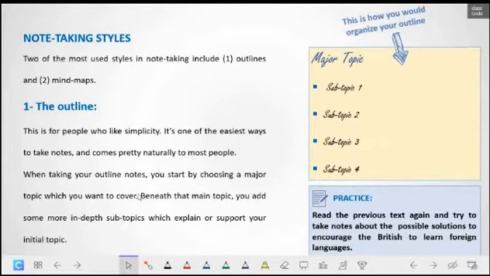You read the previous text again and try to take notes about the possible solutions to encourage the British to learn foreign languages. This is the second question in the previous slide. You need to change the answer into note-taking by using the outline style.